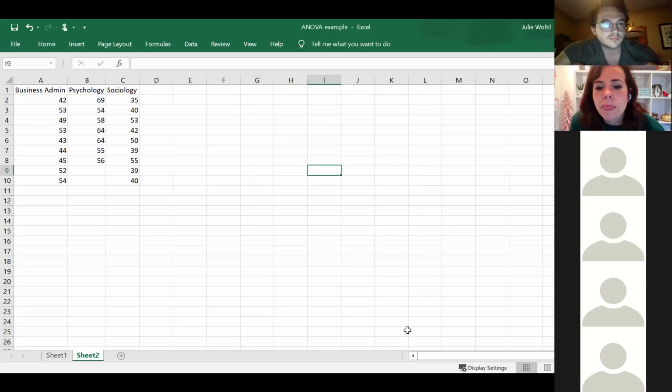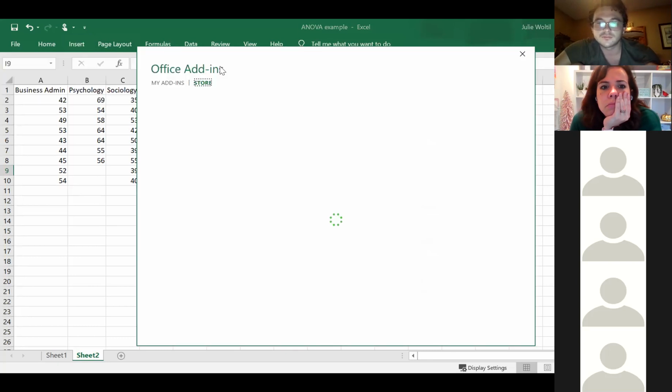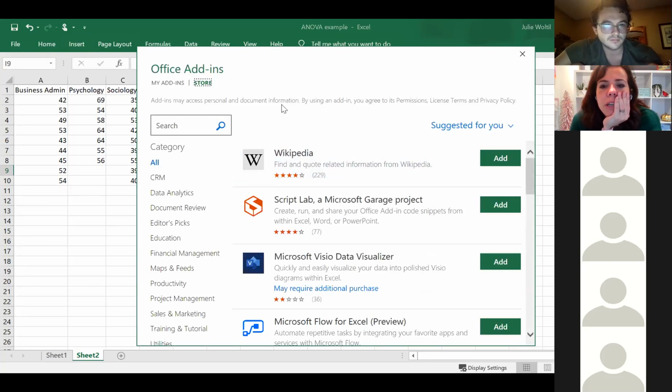So all that I have when I click exactly what you clicked is just See All. And then it tells me no add-ins, get add-ins for your account. That might just be me. No, I'm also getting that as well. Yeah, because this should be free.